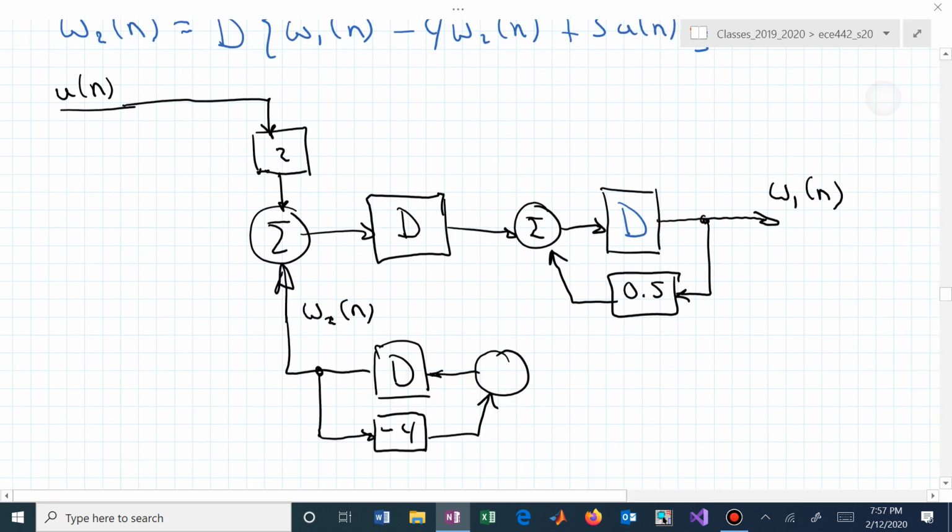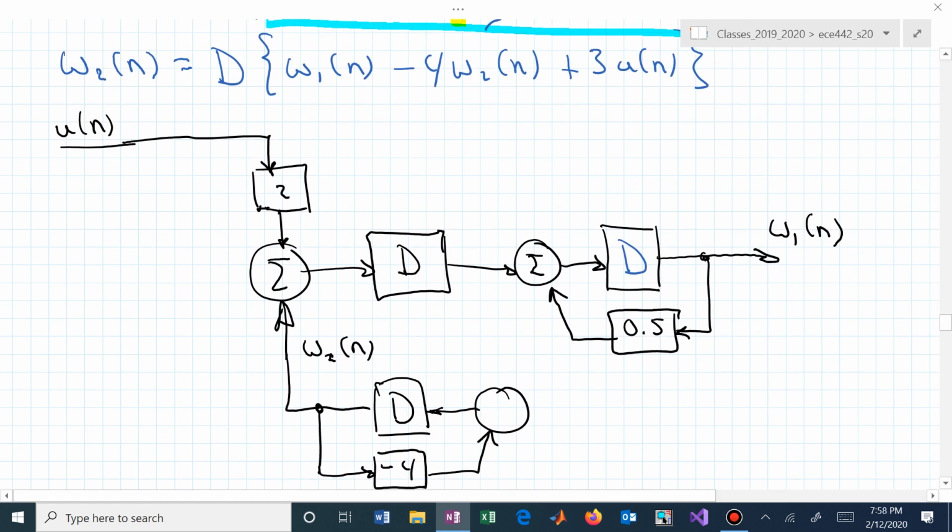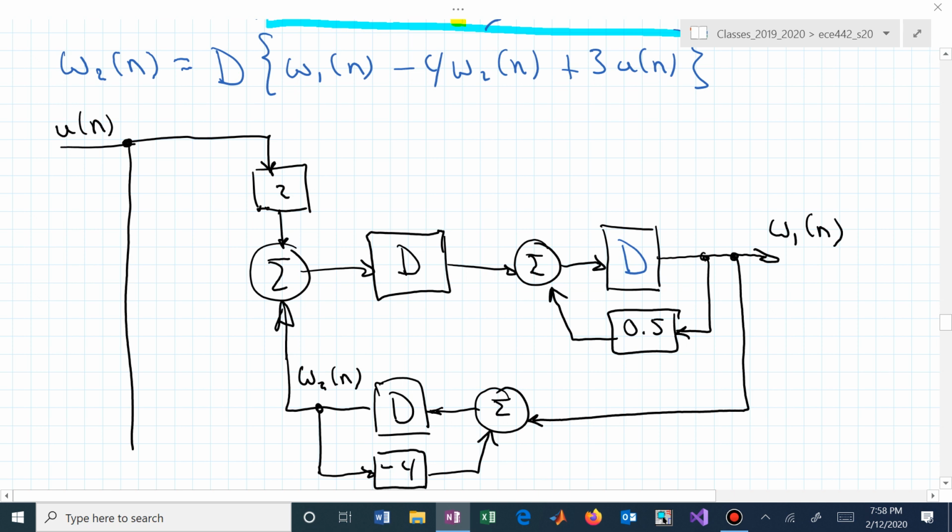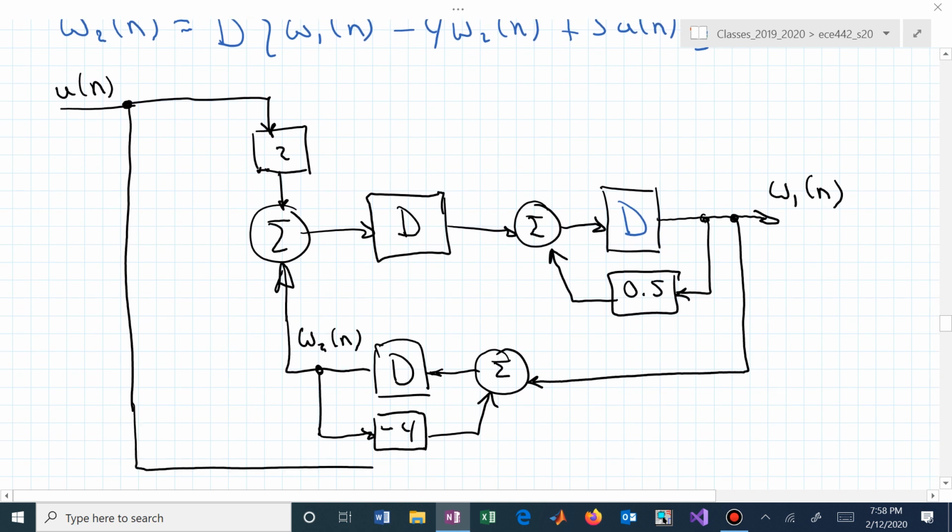It was minus 4 of W2 of n, and that's what is right here. This is now W2 of n. It was also W1 of n, so I can pull W1 of n and put that here. And I need to take this input U and scale it by 3. And that's now built up W2 of n.